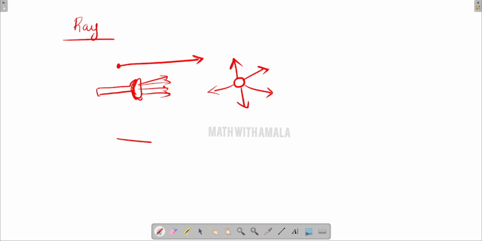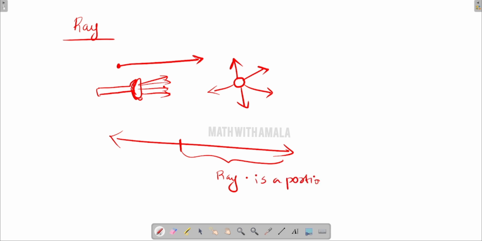So you can say this is a line, isn't it? If you cut from here and take this portion, this is called a ray. Hence you can say a ray is a portion of a line. It starts at one point called the starting point or initial point, and it goes endlessly in a direction.